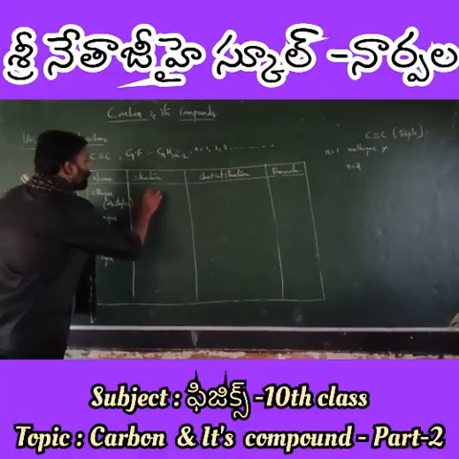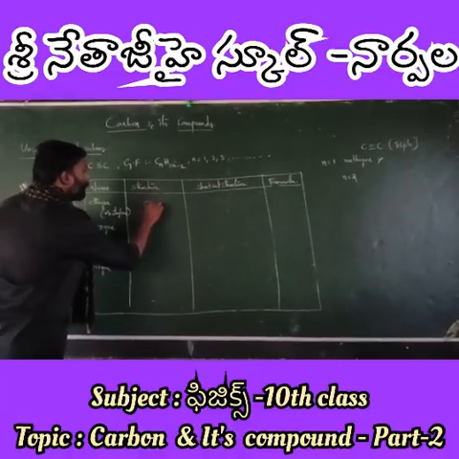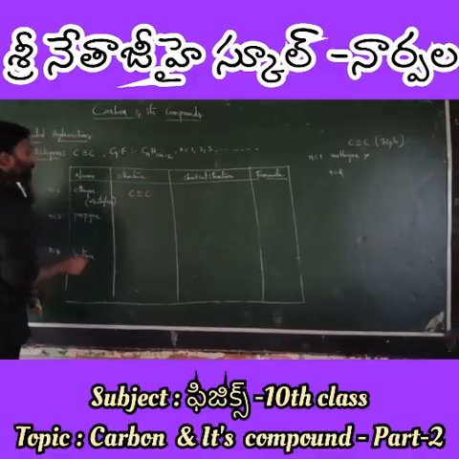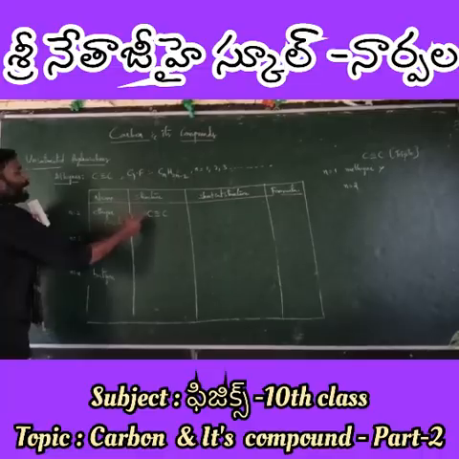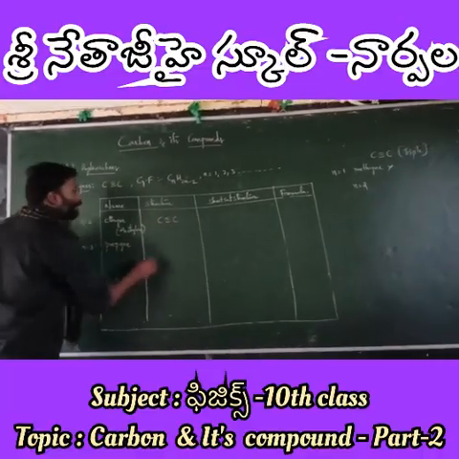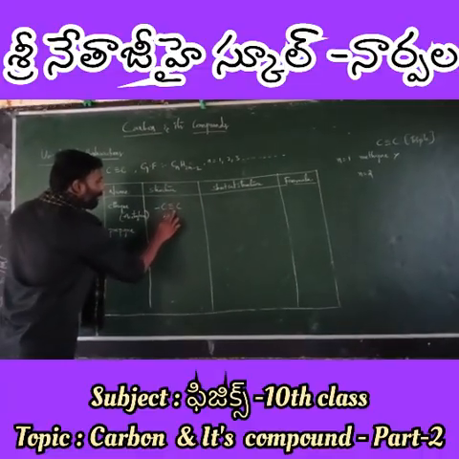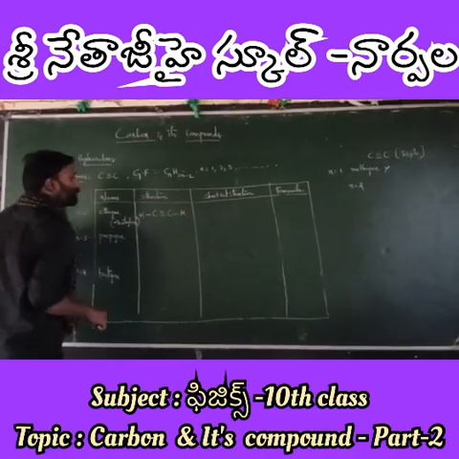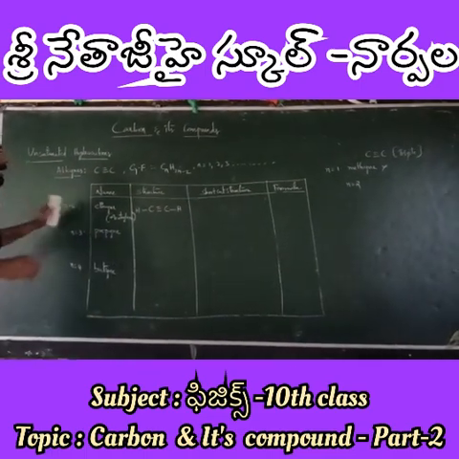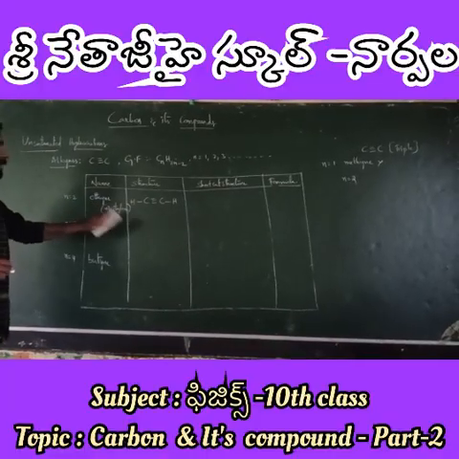So carbon should contain a triple bond between them. As per our alkyne rule, there must be a triple bond between the carbons. Already 3 bonds are completed, so one hydrogen. So this is the structure of ethyne or acetylene.